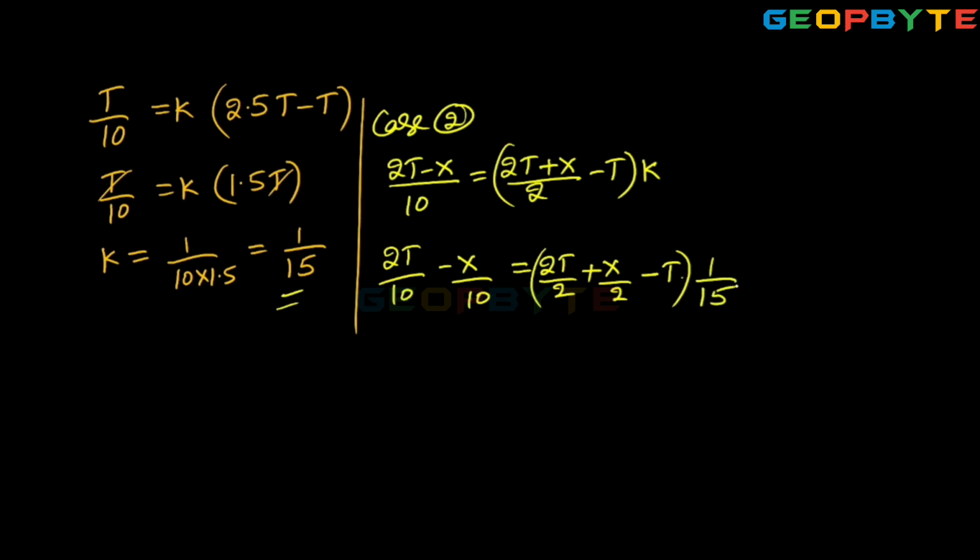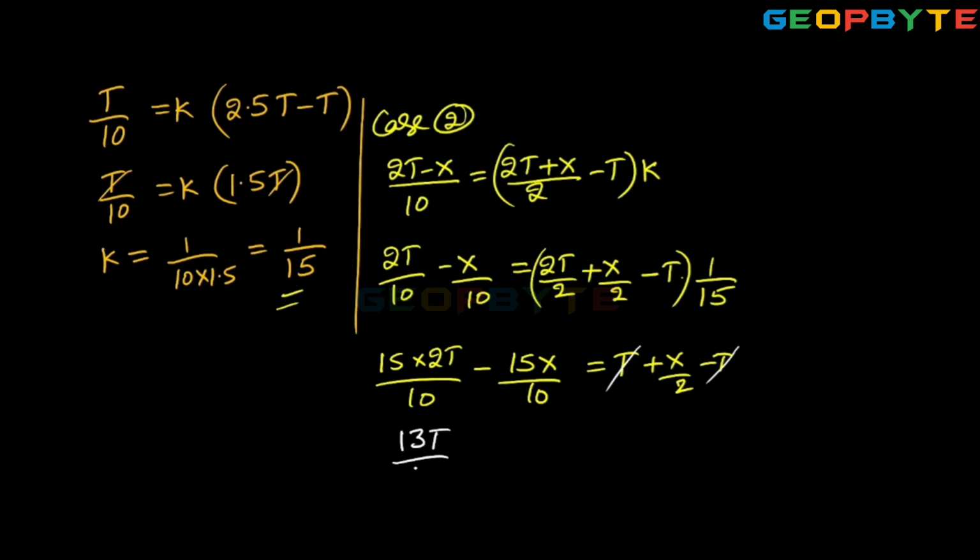Now bring this 15 to the left side. It is 15 into 2T by 10 minus 15X by 10 equals 2T by 2, nothing but T, plus X by 2 minus T. Of course, here T cancels.